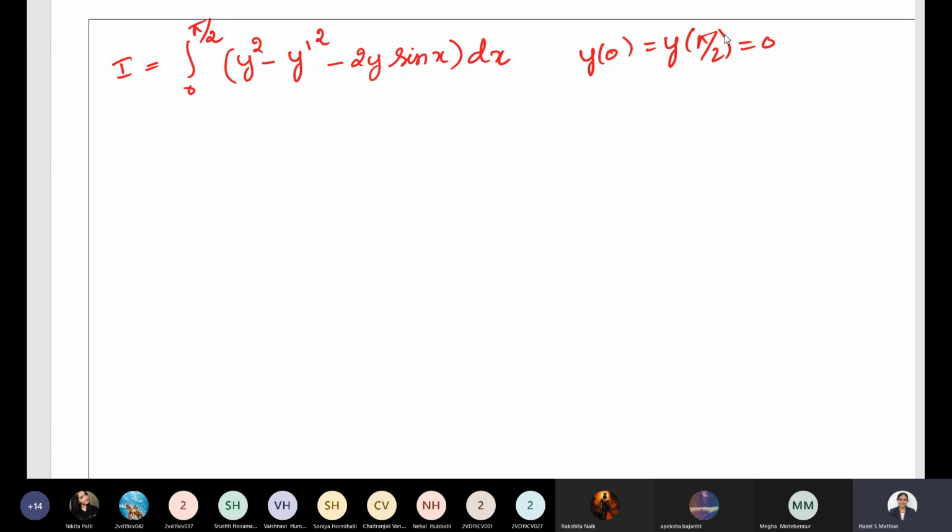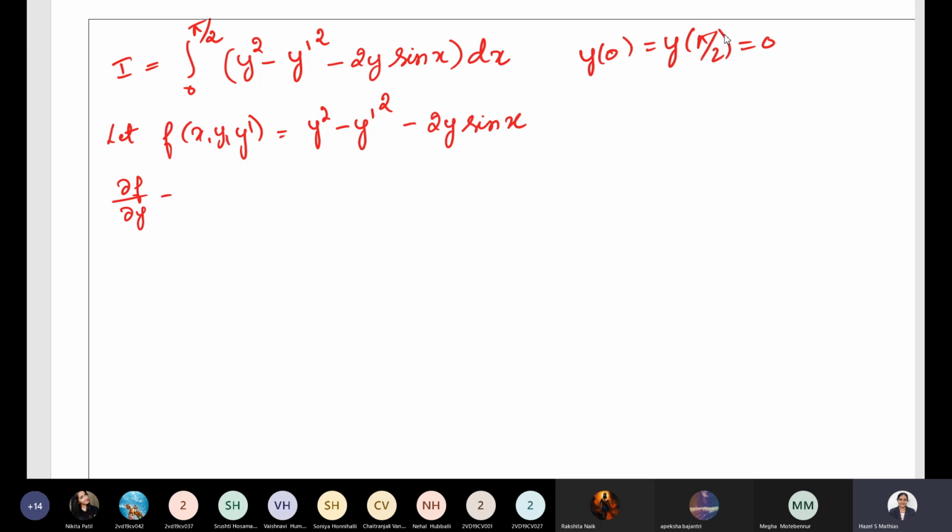So the functional is given. Let's take f of x comma y dash as y square minus y dash square minus 2y sin x. So this is the function. Write down and solve along with me, everybody. Let's apply Euler's equation for this. What's Euler equation?